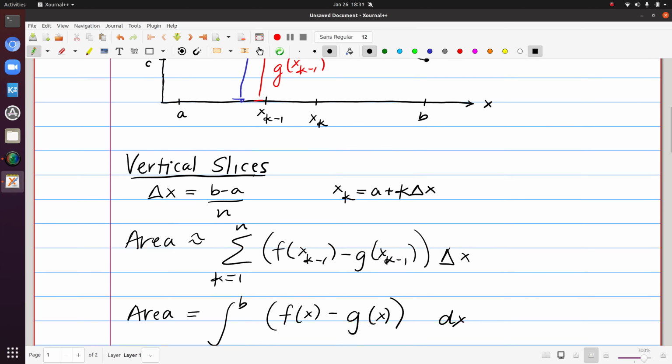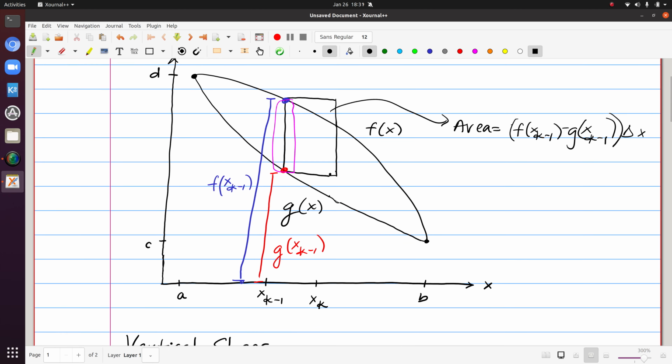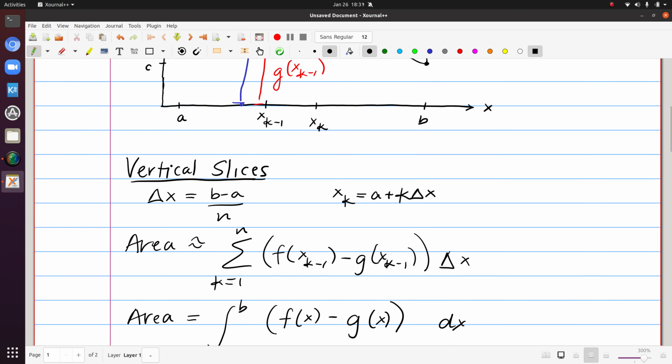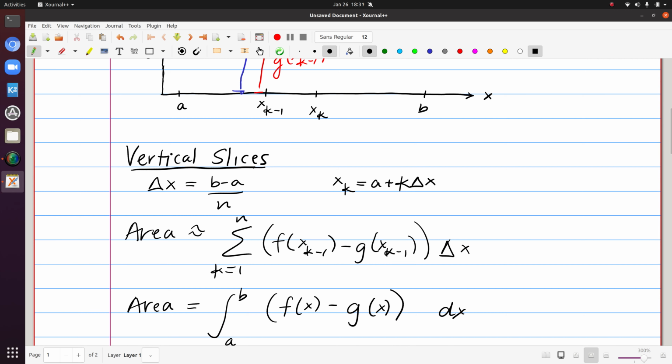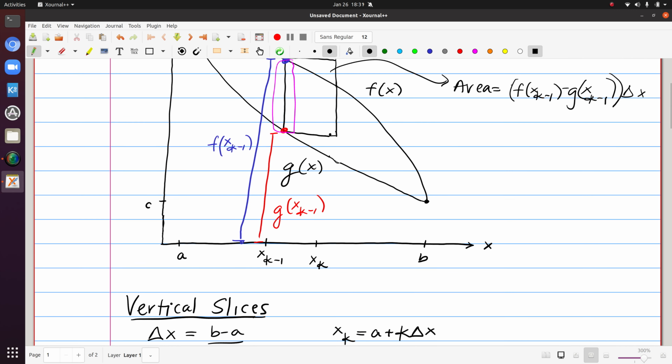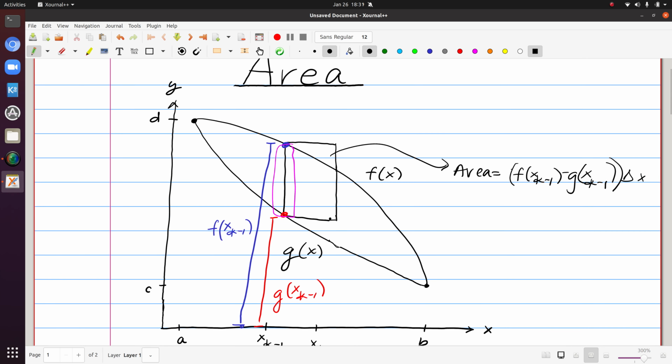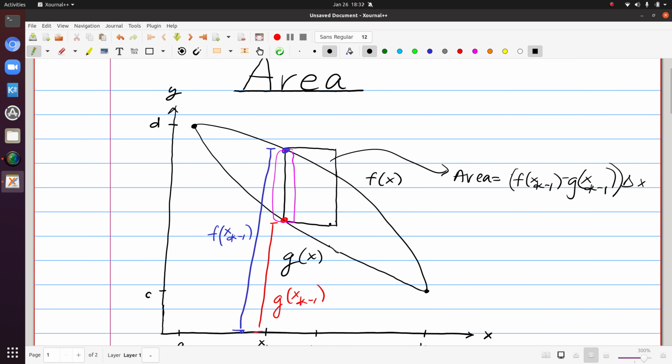One thing I do want to emphasize is in terms of the role that f and g are playing, what's significant here is that in this picture, f is above g of x. And so consequently, that's why I have f minus g. If the picture were different so that g was above f, then you would have g minus f. And beyond that, you can imagine that maybe you have two curves where the role of the function that is higher up changes, but we could always split that up.